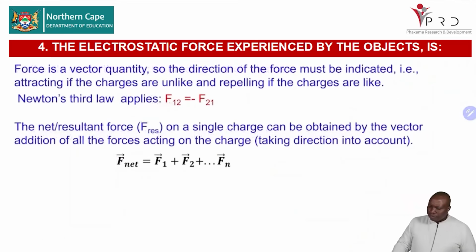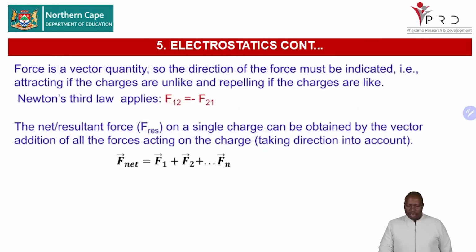Now, as we continue with electrostatics, we are saying force is a vector quantity, so the direction of the force must be indicated. As you are dealing with forces, these are vector quantities, so they have magnitude and direction. Remember, always when we are dealing with forces, we talk about the magnitude and the direction.